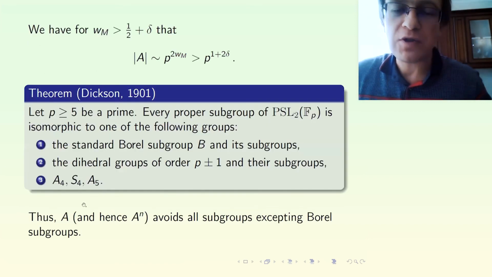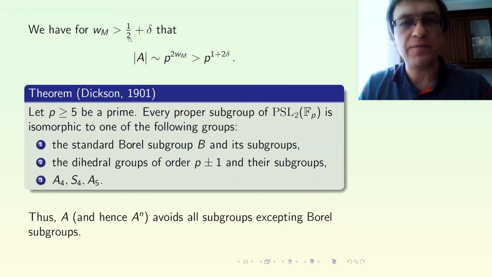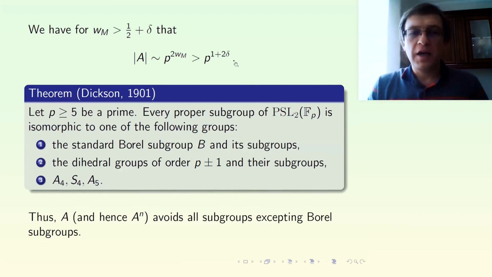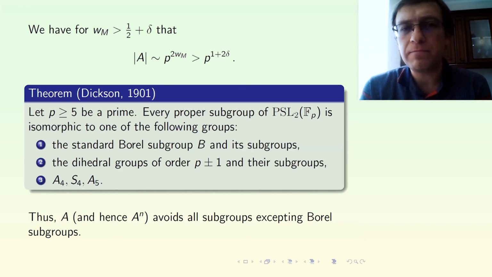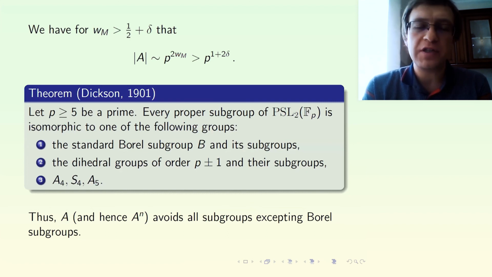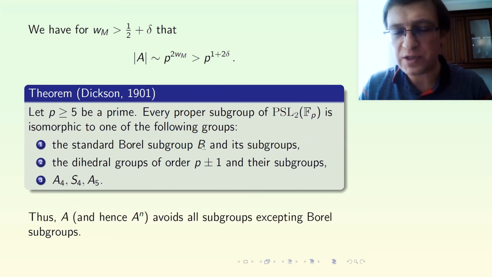So what about the modular Hensley conjecture? Now our dimension is greater than 1/2 plus delta, and it means that the size of A is greater than P to the 1 plus delta. In SL2 or PSL2, there is a nice and very classical classification of its subgroups. They are Borel subgroups and their conjugations. The size of a Borel subgroup is P squared.